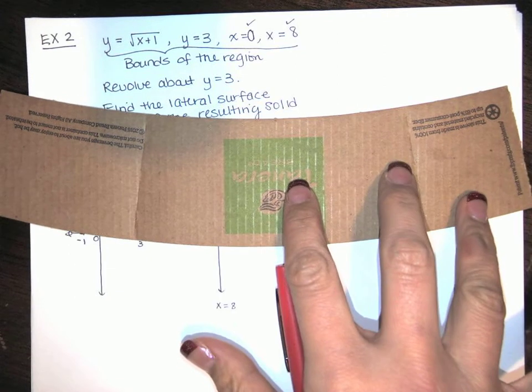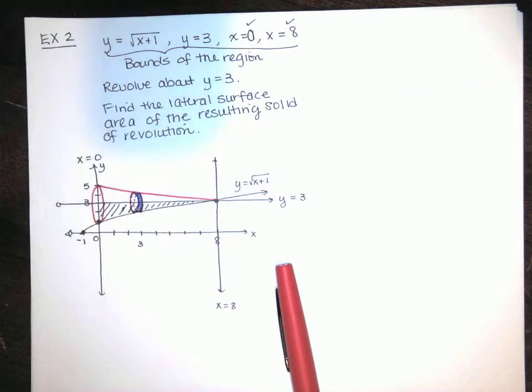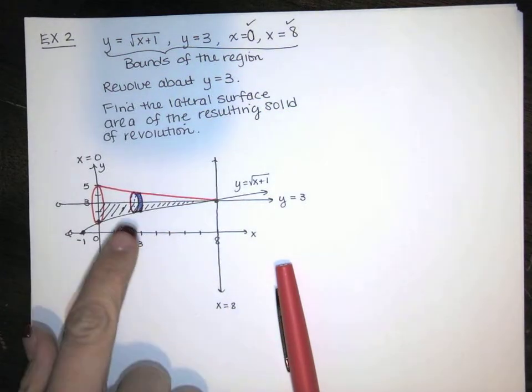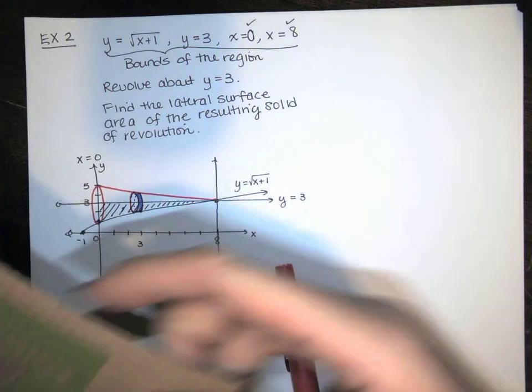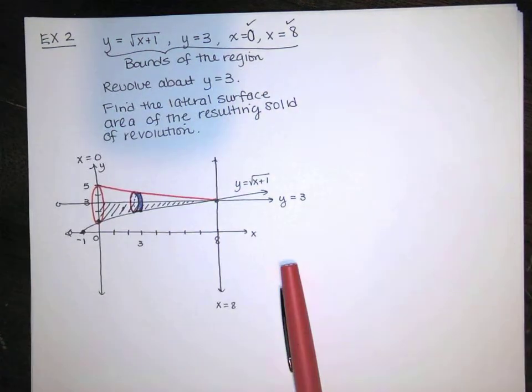Now this is not a rectangle, it's got a little bit of curvature, but we're going to assume that ours are approximately rectangular, because when n is very large, this width is going to be very small, so it's going to be almost a rectangle.